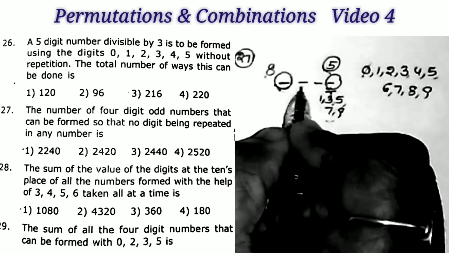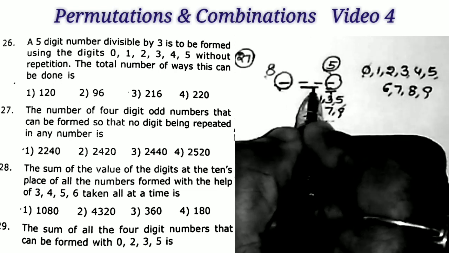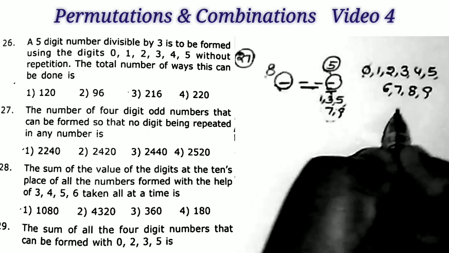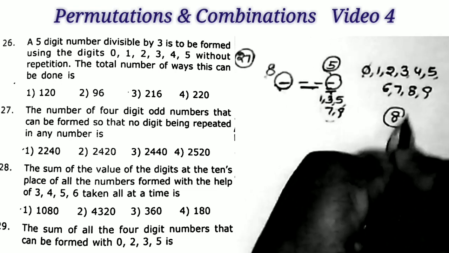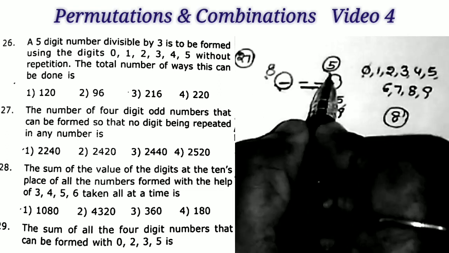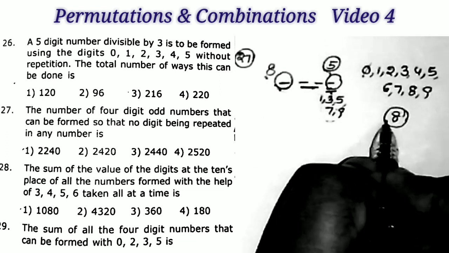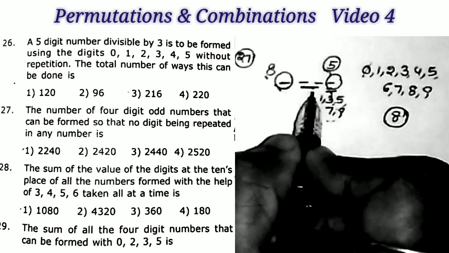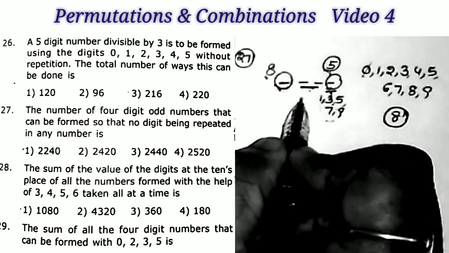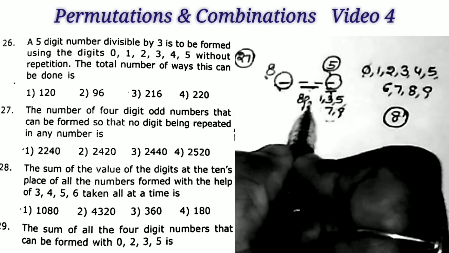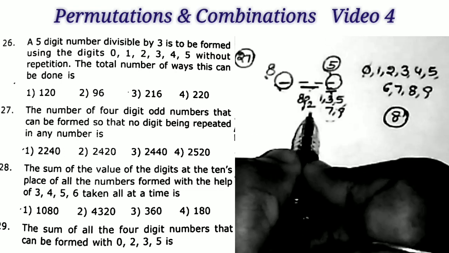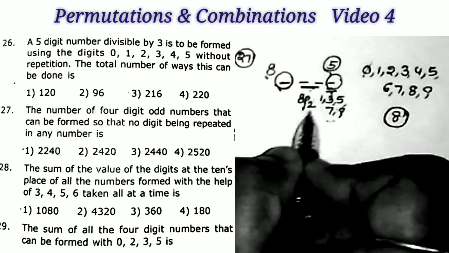Okay. Now the remaining gaps is equal to 2 and the remaining numbers is equal to 8. Already here we used 2 numbers. So we can fill the 2 gaps by the 8 numbers in 8P2 ways.